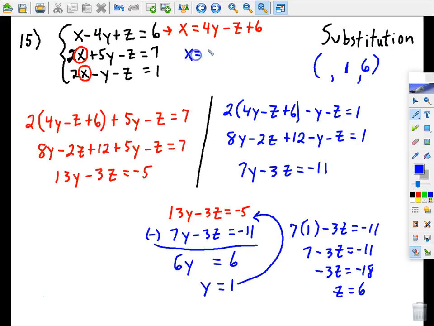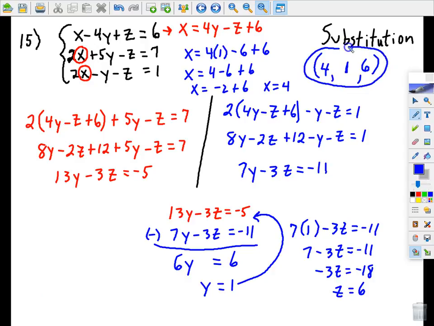So x is going to be 4 times our y, which is 1, minus our z, which is 6, plus 6. 4 minus 6 plus 6, negative 2 plus 6, x is 4. Okay, so that is our final ordered triple answer for number 15: 4, 1, 6.